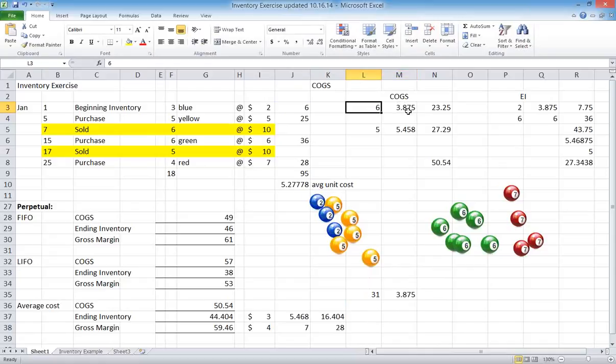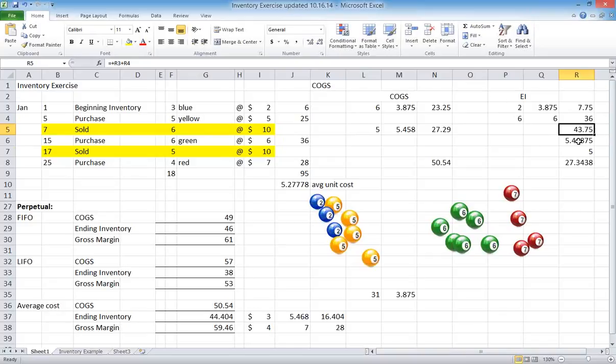I sold 6 at $3.87 for $23.25 average. That left me at 2 at $3.87. And then we bought 6 more, which were the green at $6. So we had 6 at $6 for $36 to give me a new total cost of $43.75.